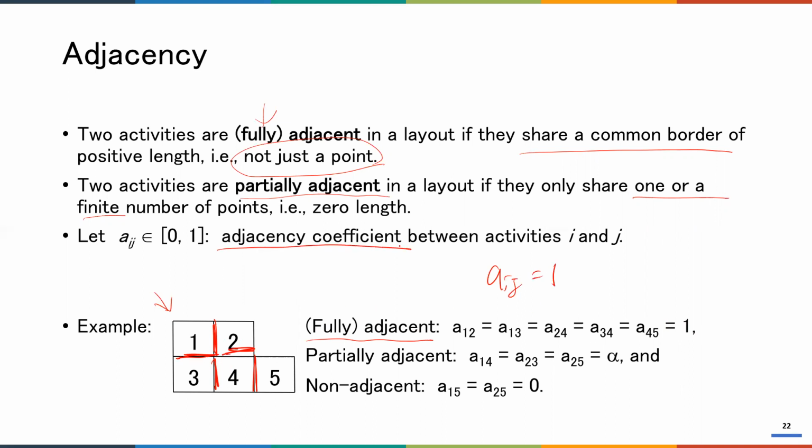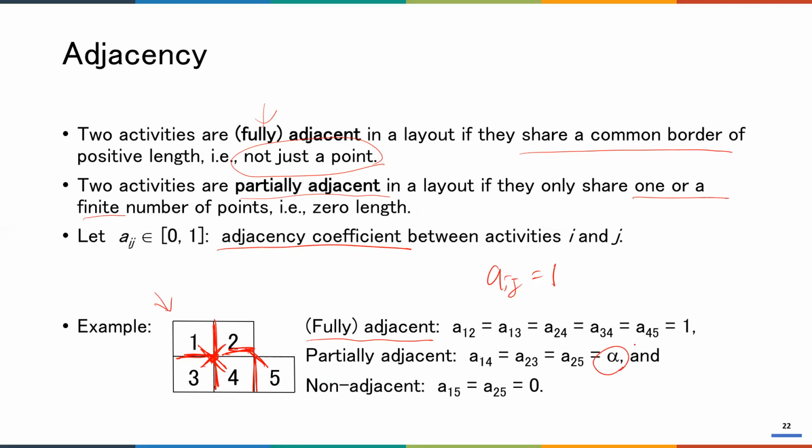So this is the coefficient. And then we can have a partially adjacent. It means they share one or a finite number of points. So for example, in this case, 1 and 4 are partially adjacent, 2 and 3 are partially adjacent, and 2 and 5 are partially adjacent. And usually we give a value of alpha.